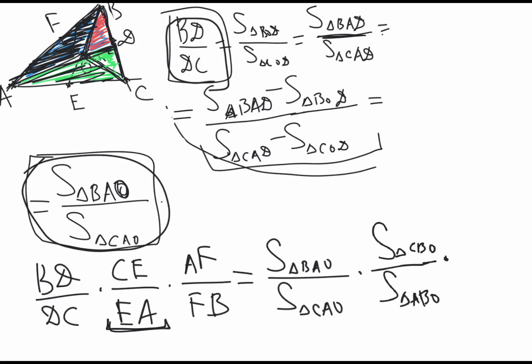And the third ratio, AF over FB, would be the ratio of the areas ACO over BCO.